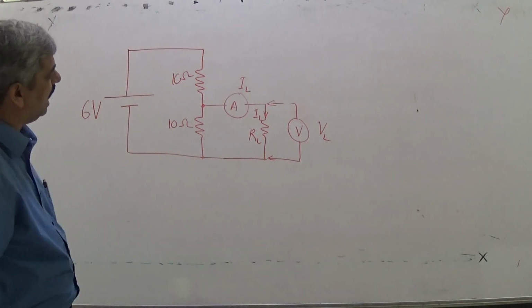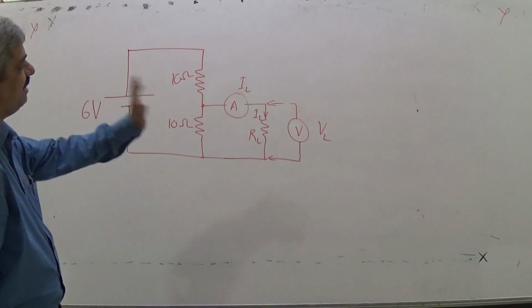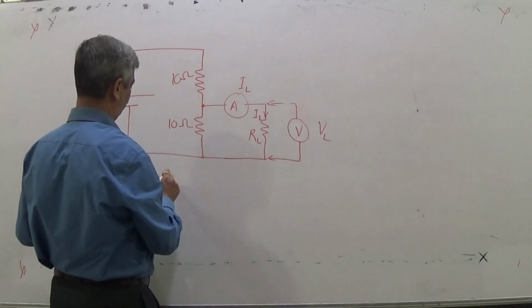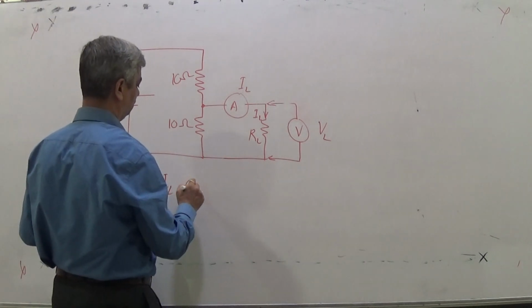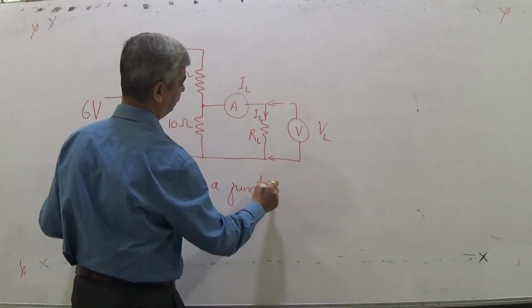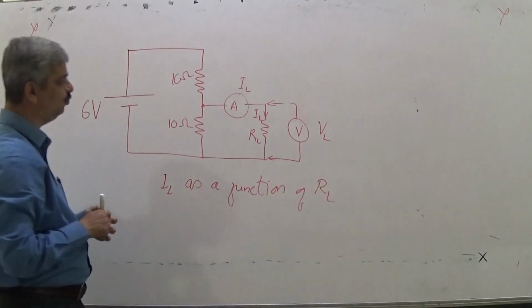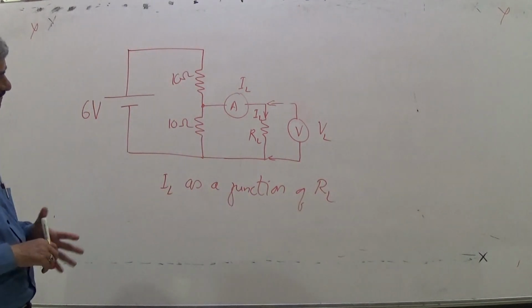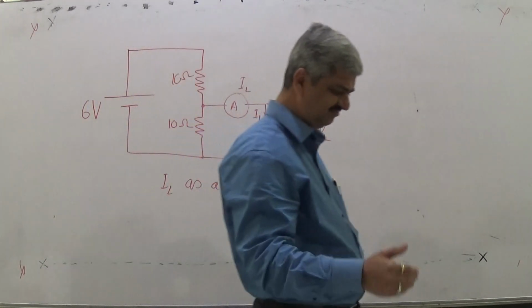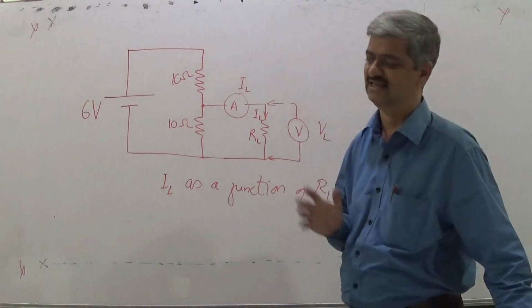So how will you be able to derive the expression for IL as a function of RL? You can do the same using Kirchhoff's laws. Only thing is that it would be somewhat not so easy, but not like any rocket science.